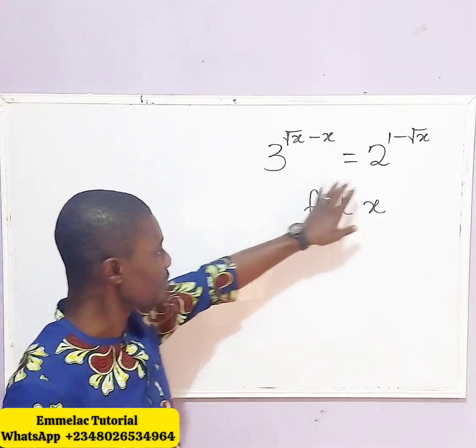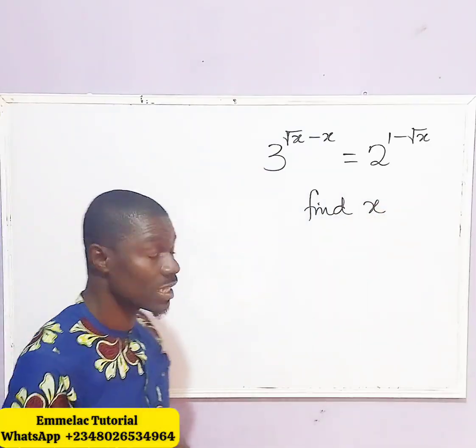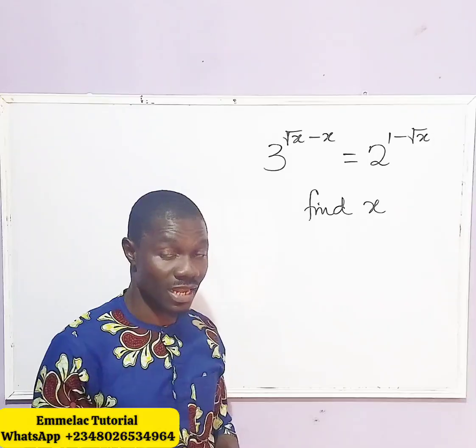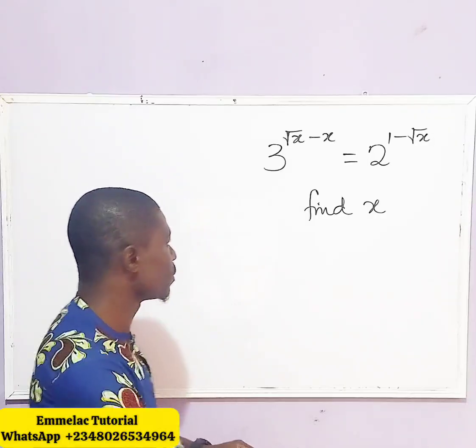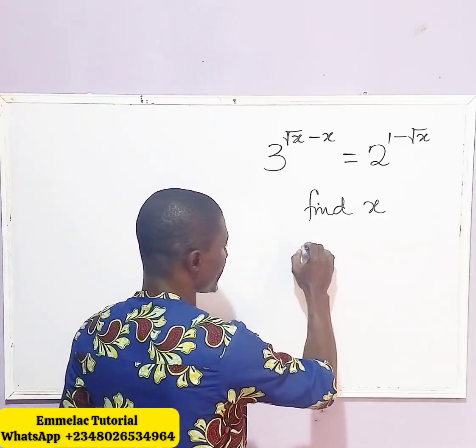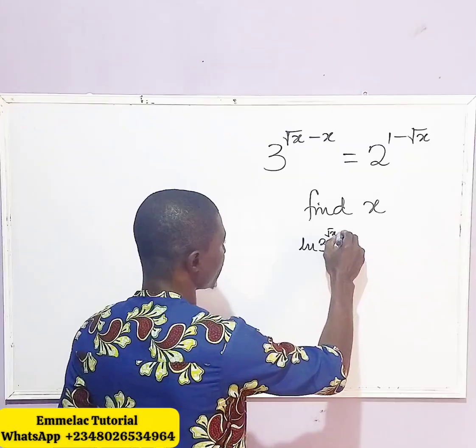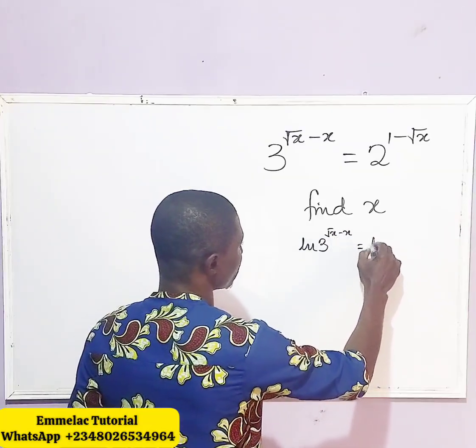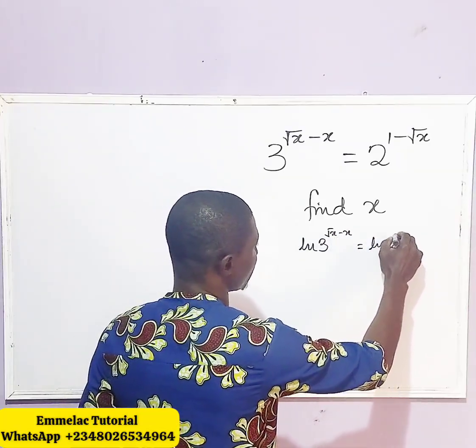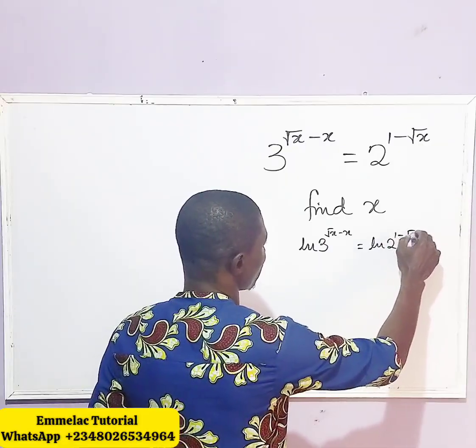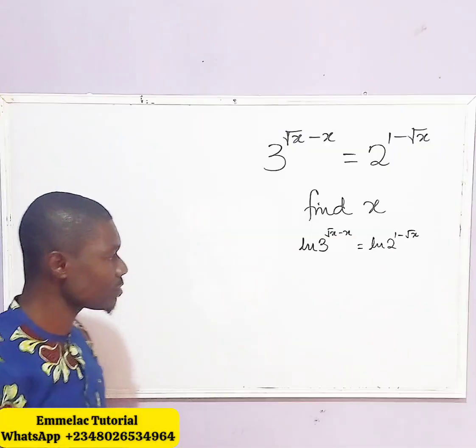Since they have different bases, let us apply ln to both sides. So here we have ln 3 raised to the power of the square root of x minus x equals ln 2 raised to the power of 1 minus the square root of x.